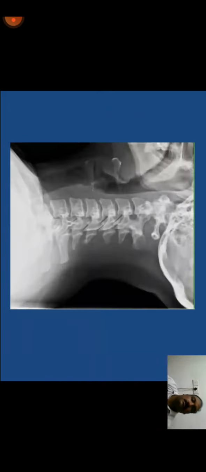We'll see another one, to try to see some of the pathologies. Right. This is a lateral view taken.